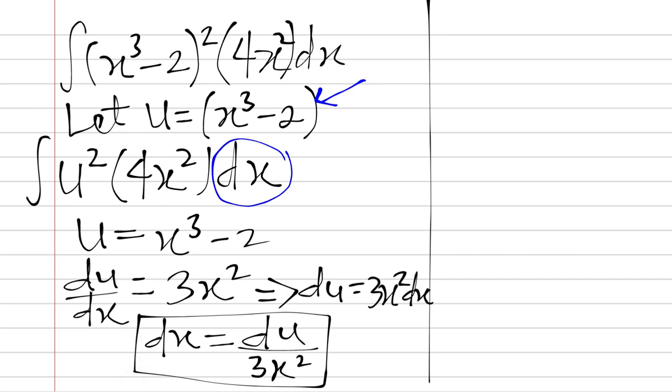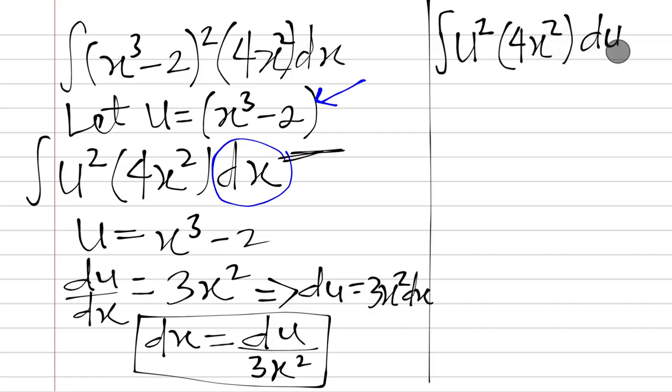Anywhere I see dx in this equation, I will now put du over 3x squared. So my equation will now become the integral of u squared times 4x squared multiplied by du over 3x squared.